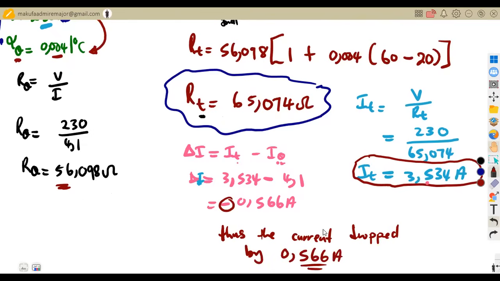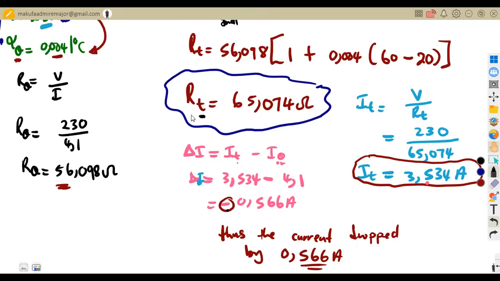When we write it like this, we no longer write the negative because we are already stating that it dropped by. If we are not indicating this statement, then we leave the negative. The negative indicates a decrease from a certain current to another.